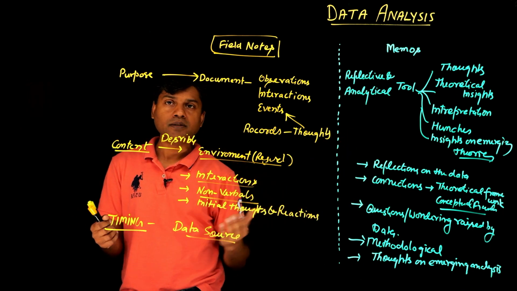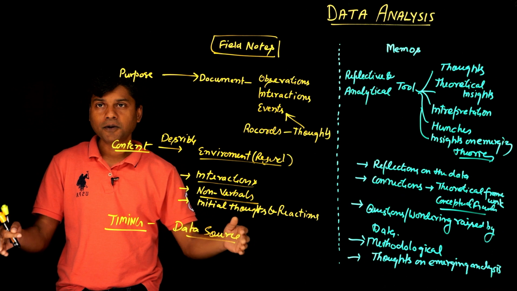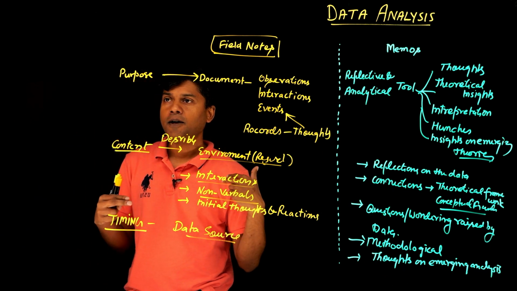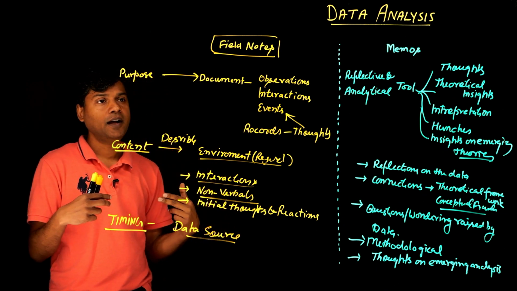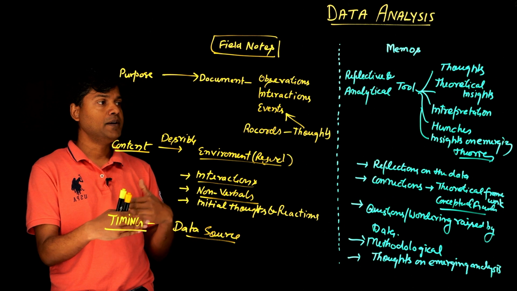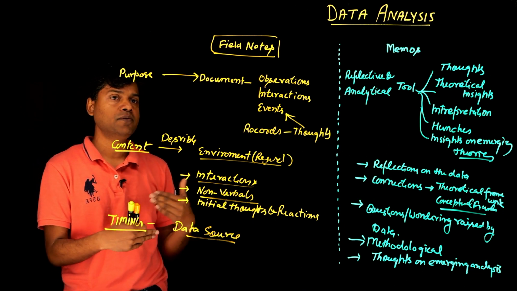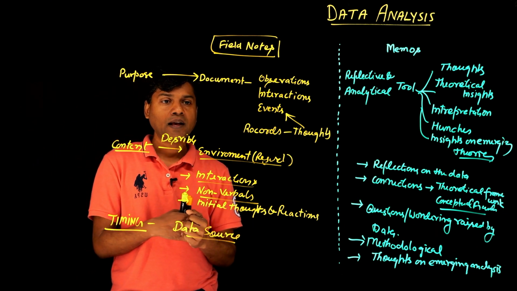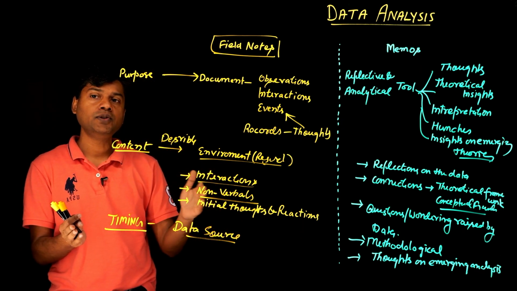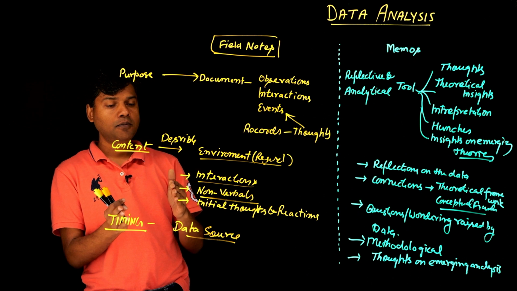And memos give you a field where you are constantly reflecting, thinking, and wrestling to come up with better explanations, to make sense of the emerging codes. And it helps you in the later stage of data interpretation.